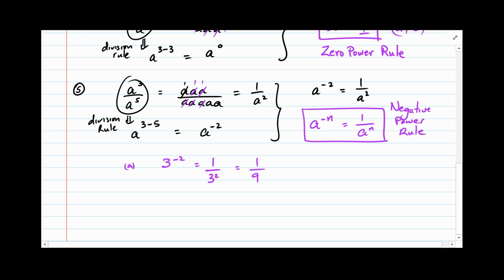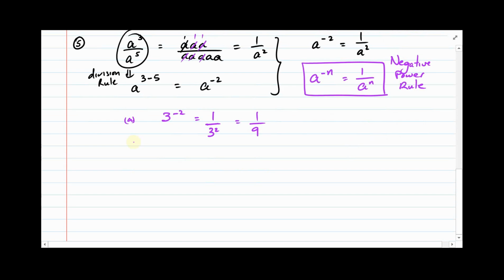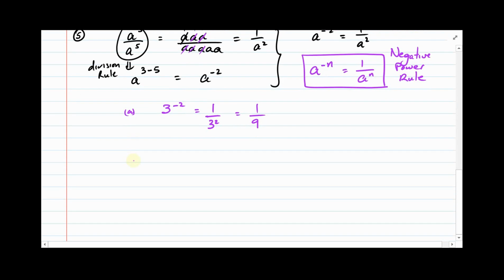At the same time, if I had something like 1 over 5 to the negative 2, I can also get rid of that negative power in the denominator by bringing it up to the numerator and have negative of negative 2, or simply 5 squared, which is 25.